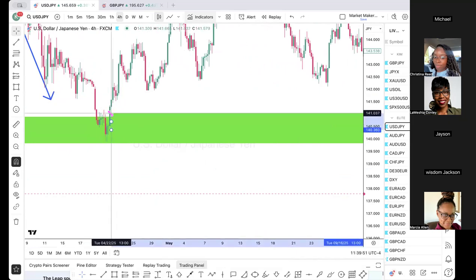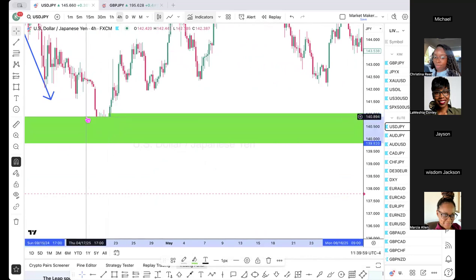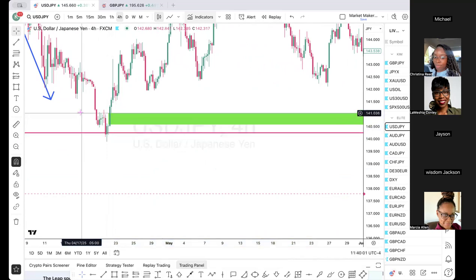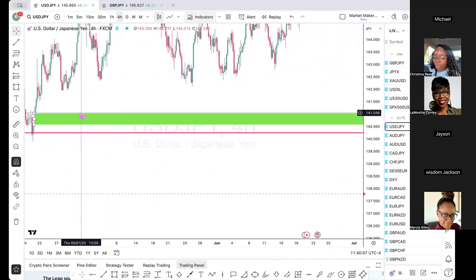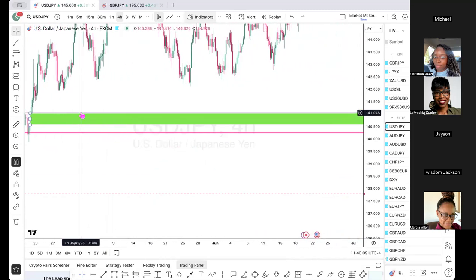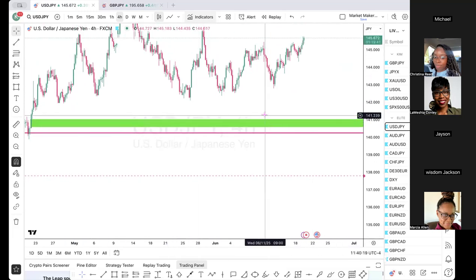I don't know if it's possible, but do you at times make a mistake when you're marking out market structure? Yes, it can happen. Even though I consider myself an advanced trader, it's very rare, but it does happen.